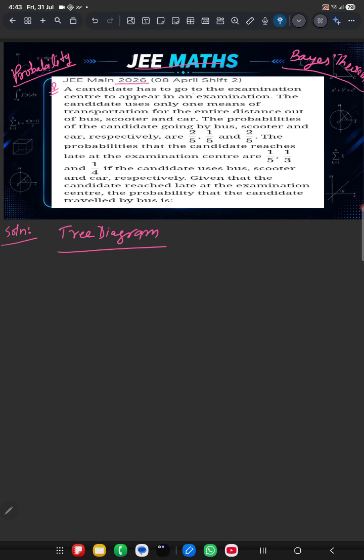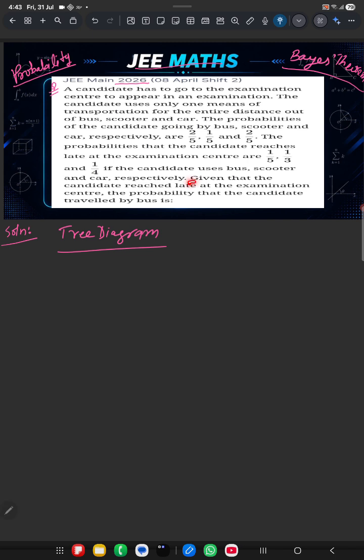A candidate has to go to the examination center to appear in an examination. The candidate uses only one means of transportation for the entire distance out of bus, scooter and car. The probabilities of the candidate going by bus, scooter and car respectively are 2 by 5, 1 by 5 and 2 by 5. The probabilities that the candidate reaches late at the examination center are 1 by 5, 1 by 3, 1 by 4 if the candidate uses bus, scooter and car respectively.